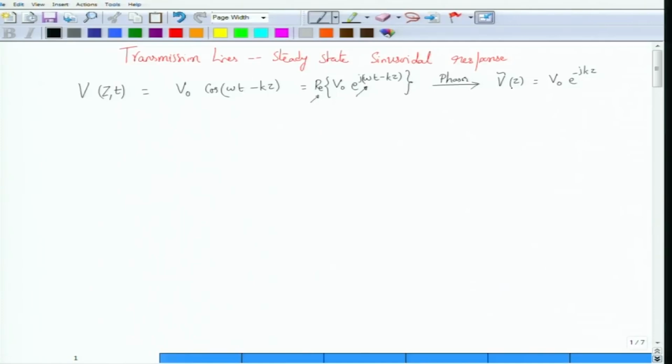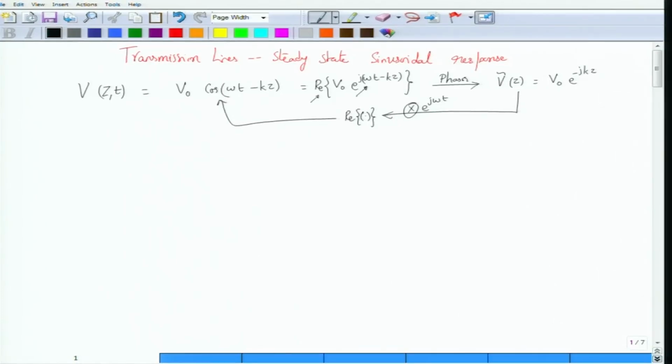Now how do you go from this phasor back to the original notation? Well, all you have to do is multiply by e power j omega t and then take the real part of it, right. So when you multiply this by e power j omega t, you will see that this would be V0 e power j omega t minus kz, and then you take the real part of this to obtain the real time dependent voltage, okay.